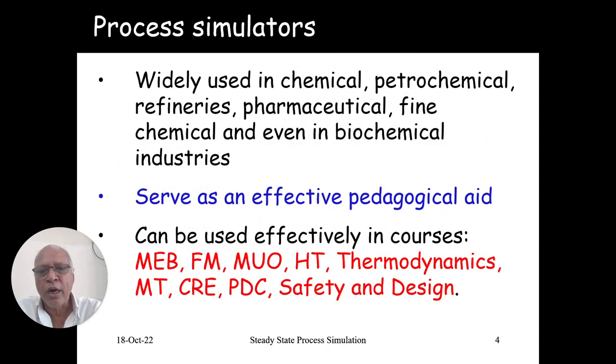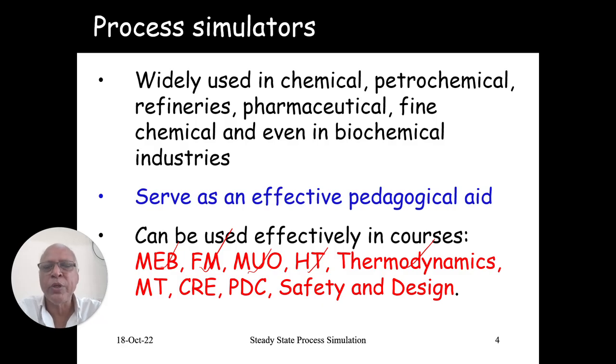We will be able to make use of a process simulator to effectively teach courses like mass and energy balances, fluid mechanics, mechanical unit operations, heat transfer, thermodynamics, mass transfer, reaction engineering, process dynamics and control, safety and design.